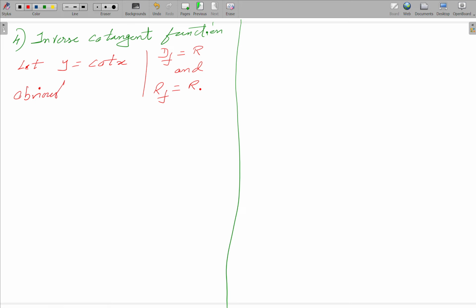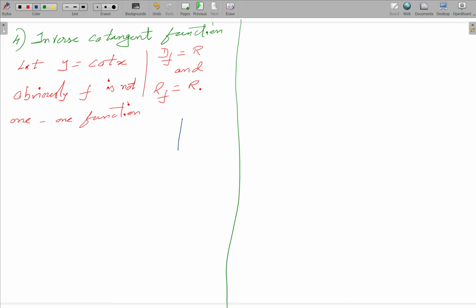Obviously f is not a one-to-one function. According to the graph, f is not a one-to-one function.